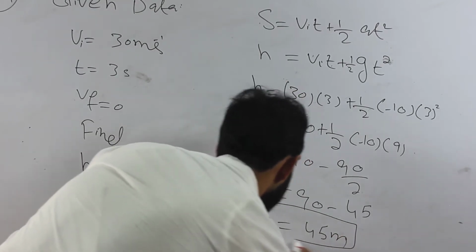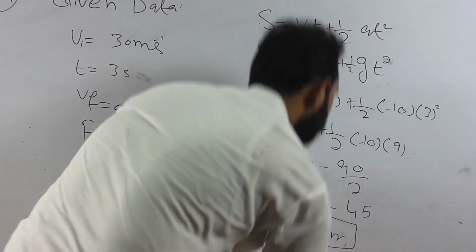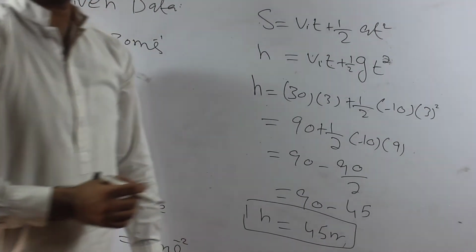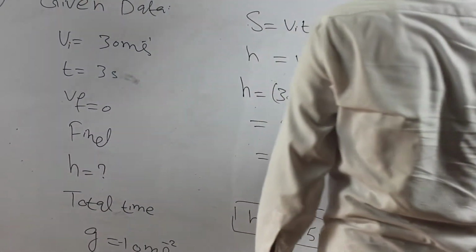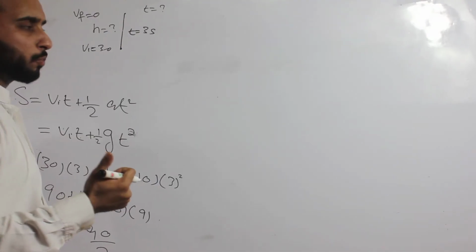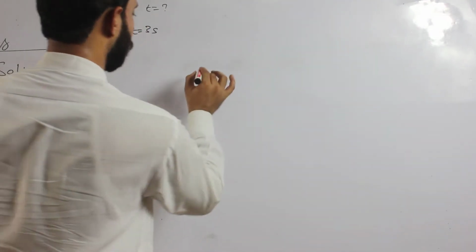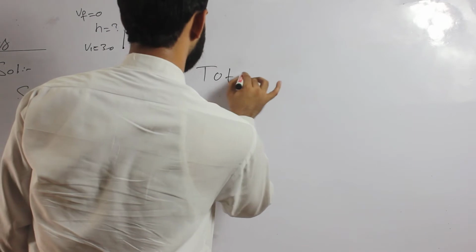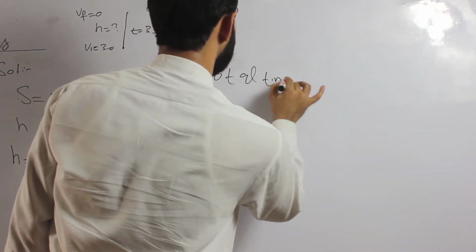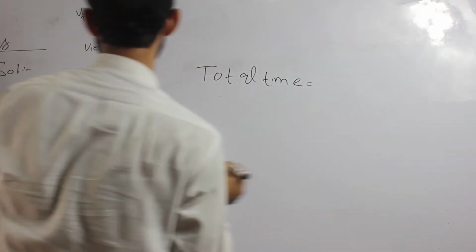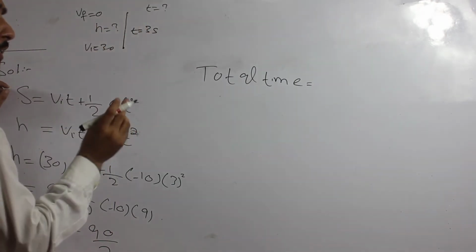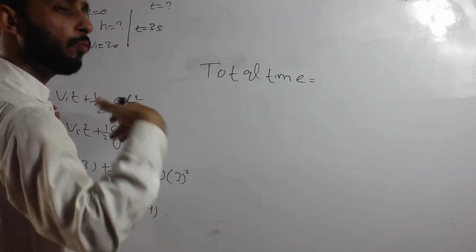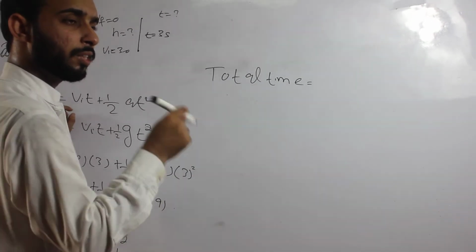As you know, at the end we write the SI unit of the quantity that we solved. Now we have to find the total time also. What is the total time? If a body takes 3 seconds to reach its maximum height, how much time will it take to reach the ground?